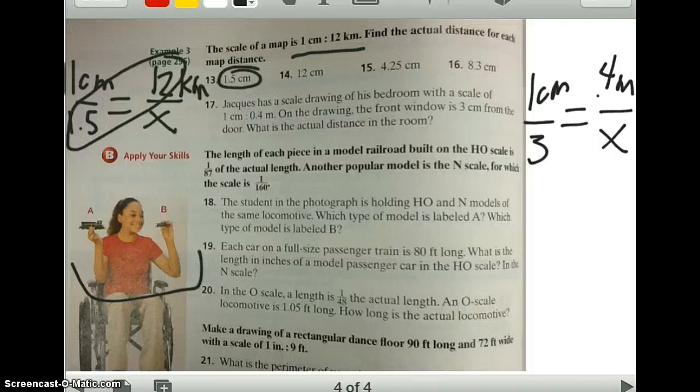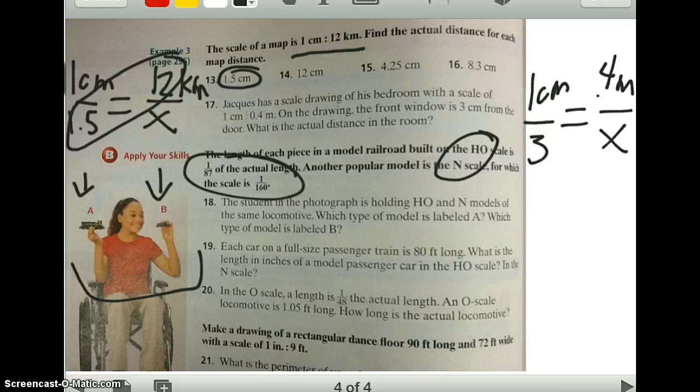One is an HO, one is an N. We've got to figure out which one is the bigger one, A, and which one is the smaller one, B. So look at these two numbers over here. Which one of those do you think is going to be the bigger scale model? Now, if you found which one is the bigger scale model, then that is A. So it's either one of these two names. Then, which one's smaller? That's going to be B. I'm not going to tell you which one it is.